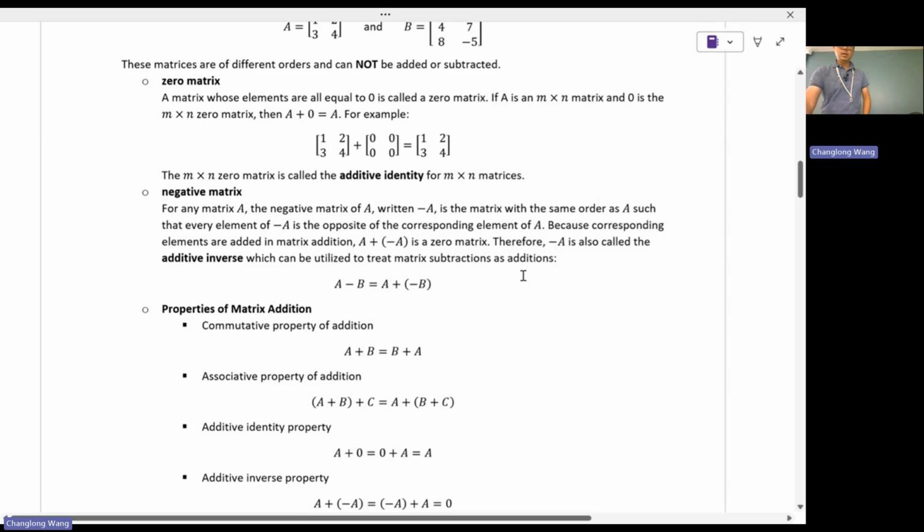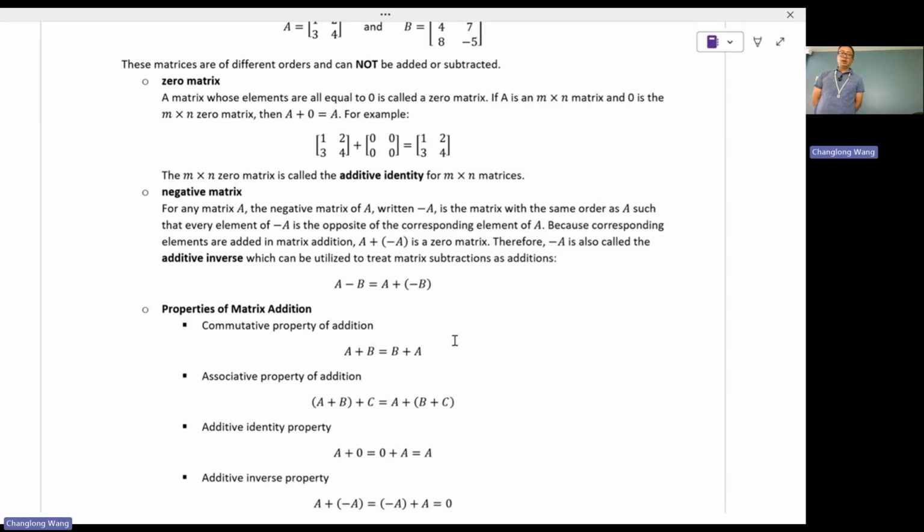Because you can understand a subtraction between, let's say, A and B as numbers: subtracting B from A is equivalent to adding the negative B, or adding the opposite of B, to A. And it turns out that it works the same way for matrices. If you subtract B from A in a matrix way, you could also add a negative B to A in a matrix way.